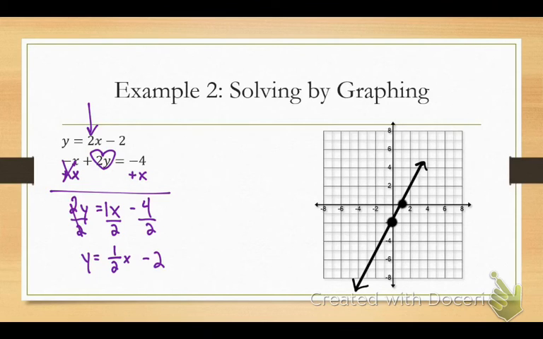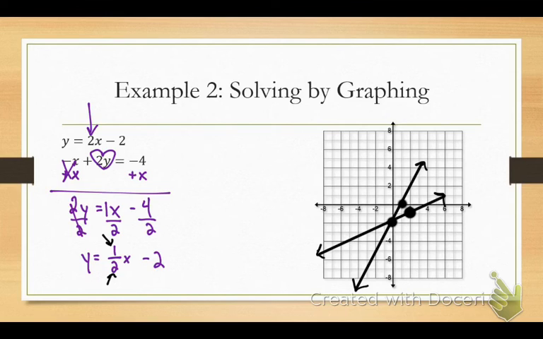The y-intercept is the exact same number. So you're going to use the same point again, but now you're going to rise 1 and run 2. Rise 1 and run 2, and now your line goes through the other way. Okay, arrows on each end.